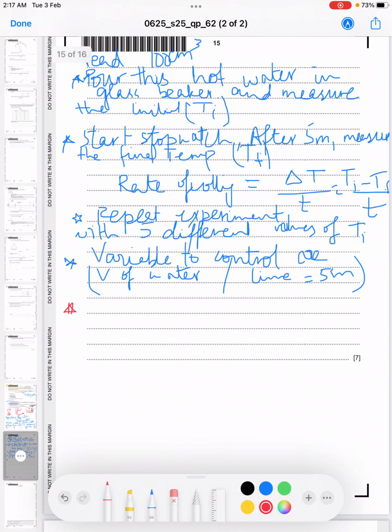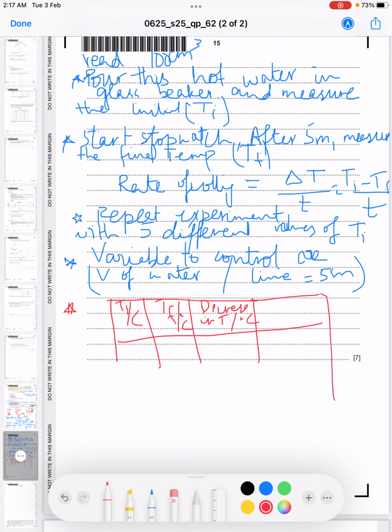Okay, so let's draw the table. Which quantities do we have? TI, the initial temperature, in Celsius. TF, again in Celsius. Decrease in temperature, decrease in T, again in Celsius. And then we have the rate of cooling, right?